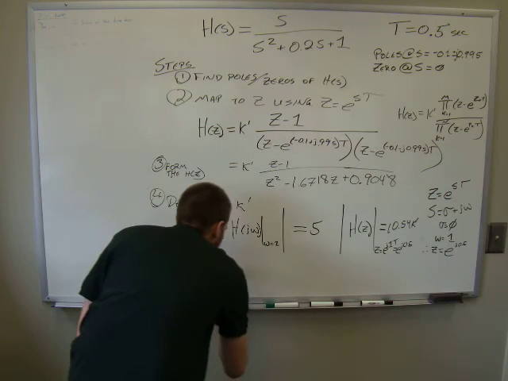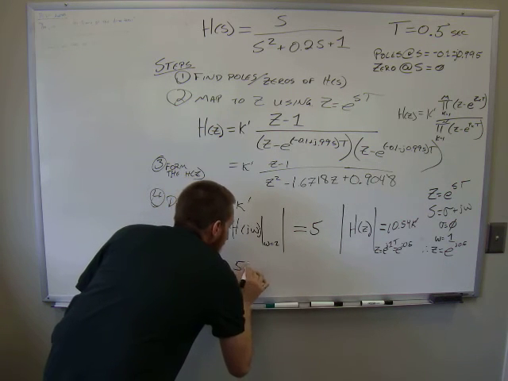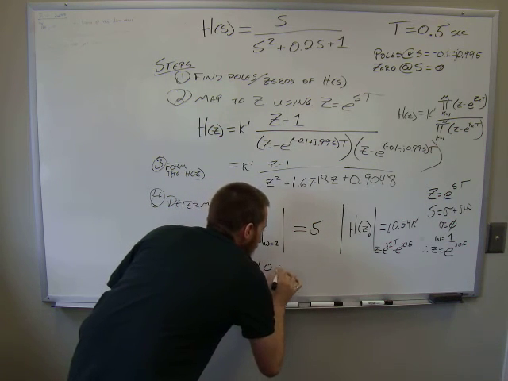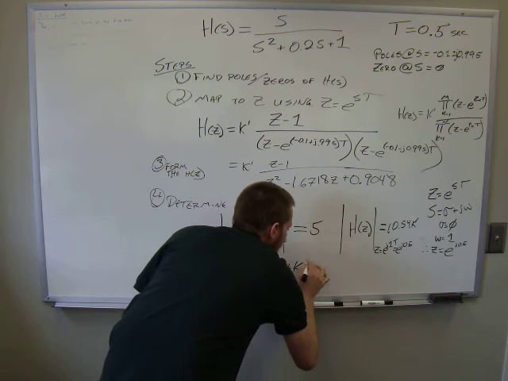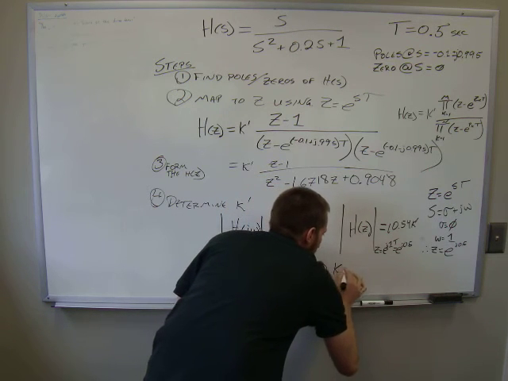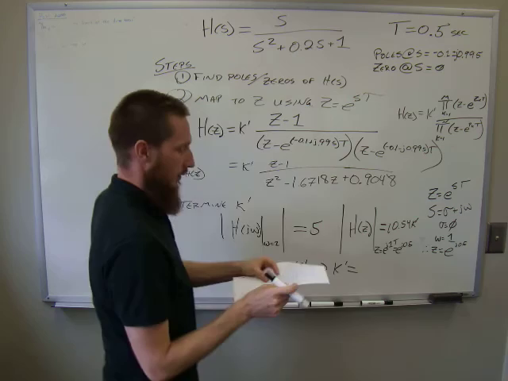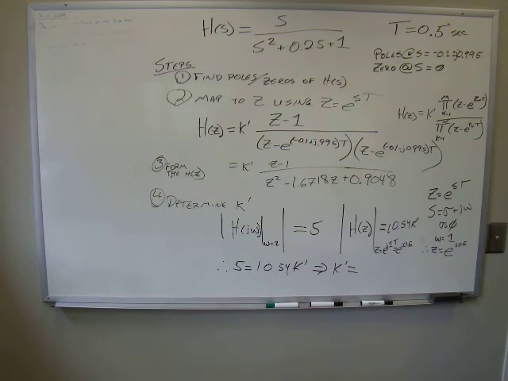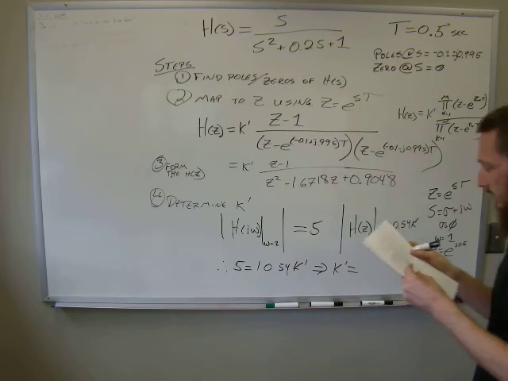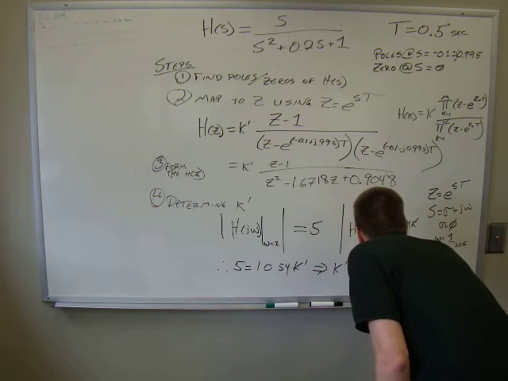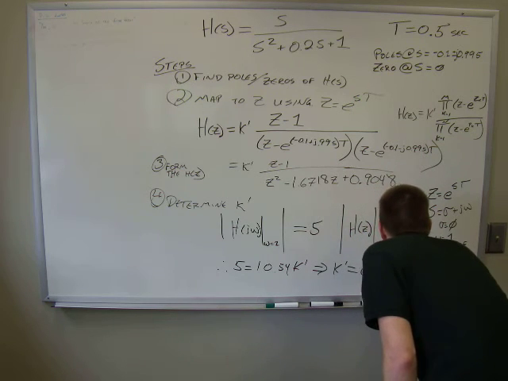So we say, therefore, 5 is equal to 10.54 k prime. Therefore, k prime is equal to 0.4612.